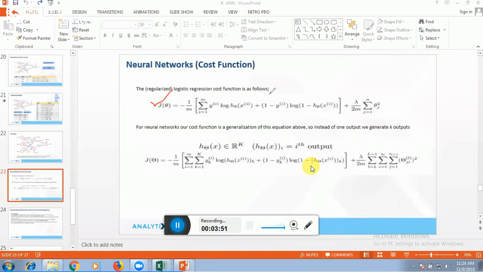Correct? If I take a single neuron, this is my activation function. If I take a collection of neurons, my function will be a summation of all the logistic regressions. If I take multiple neurons, my function looks like this. So you are simultaneously minimizing or maximizing your objective function.